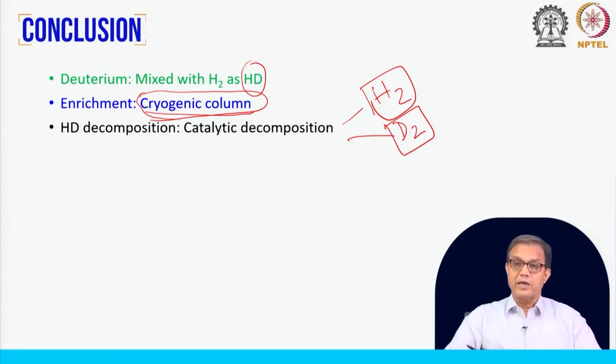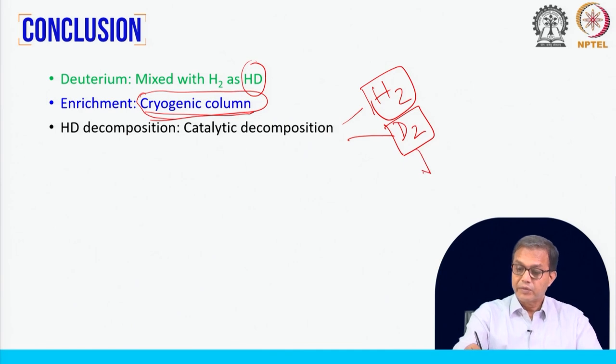This mixture has to be separated out again in a cryogenic column, and the bottom product of that column would be the deuterium. That deuterium can be taken as liquid, or if anybody wants it in gaseous form, it has to be warmed up in a heat exchanger and taken out as a product.